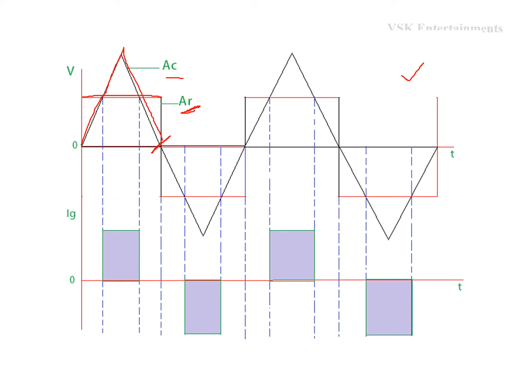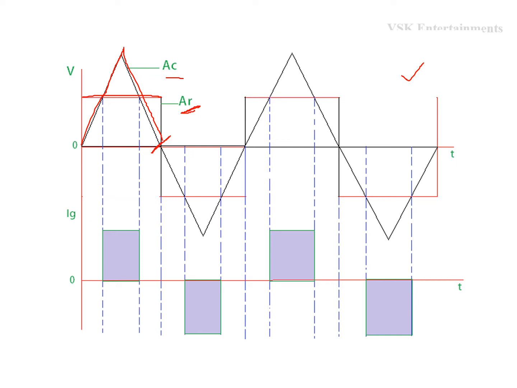Whenever the magnitude of AC, that is the magnitude of the carrier signal, is greater than the magnitude of the reference signal, then only we get the gating pulse. After getting the gating pulse, we apply it to the SCRs present in the inverter circuit. Then we get the controlled output voltage.